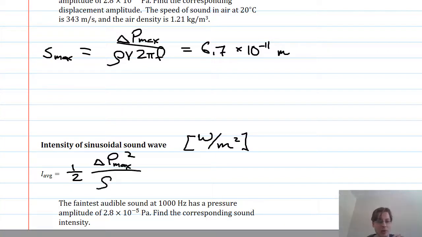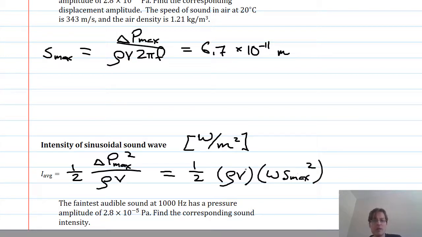And you divide it by rho times V. If you want to write it in terms of the displacement amplitude squared, then it comes out to be 1/2 rho times V times omega S max squared. Either way you want to write it, it's the amplitude squared that determines the energy. And that's a common feature of any oscillator, including waves.